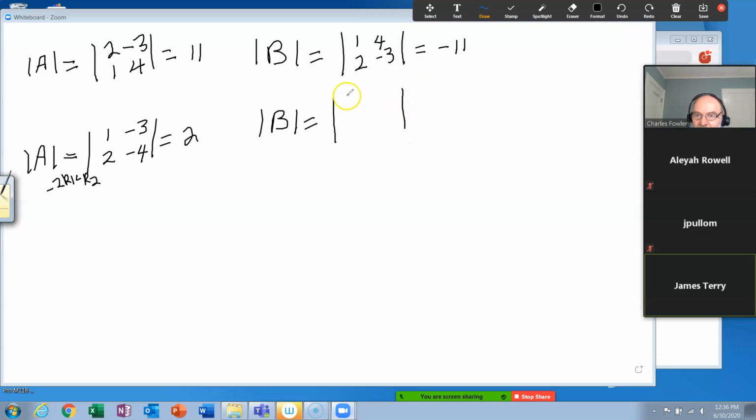We're using row 1, so write it down, 1, negative 3, and do that elementary row operation. Zero, 2, perfect.